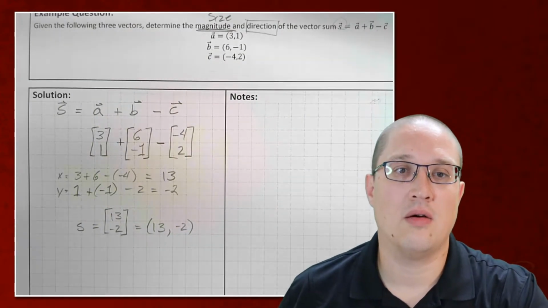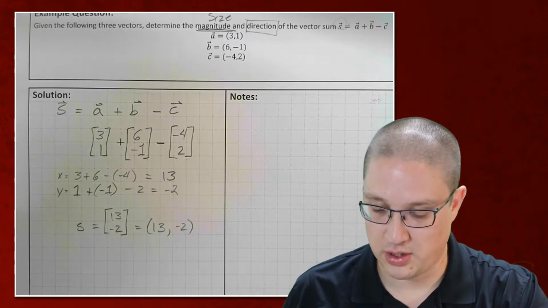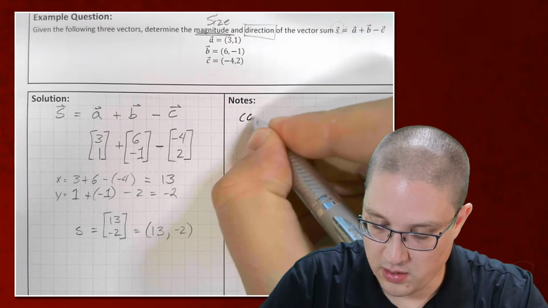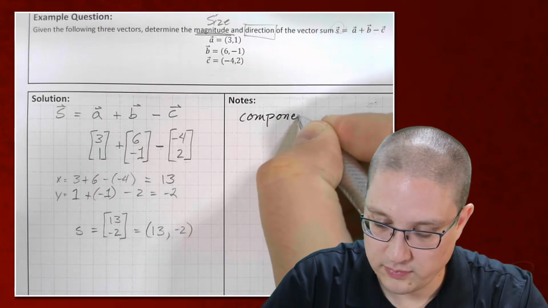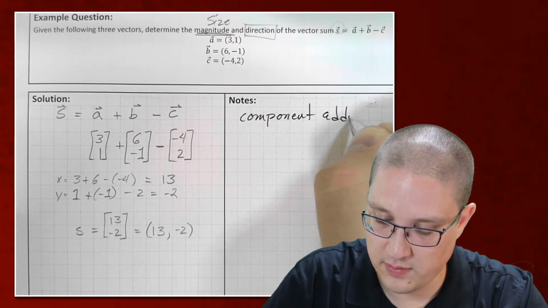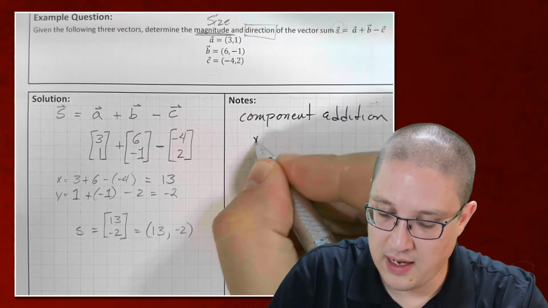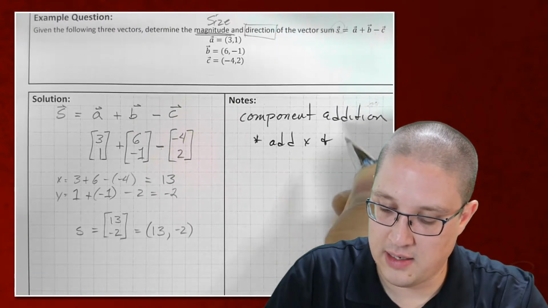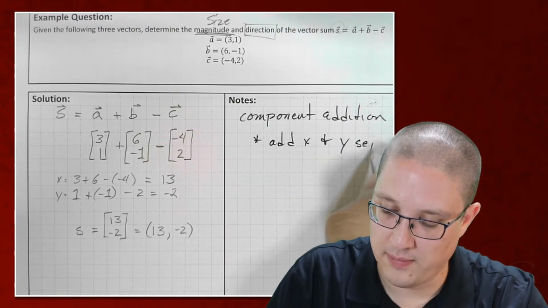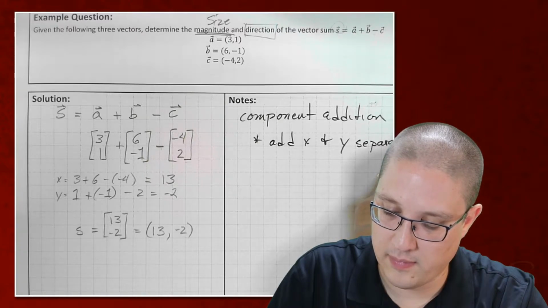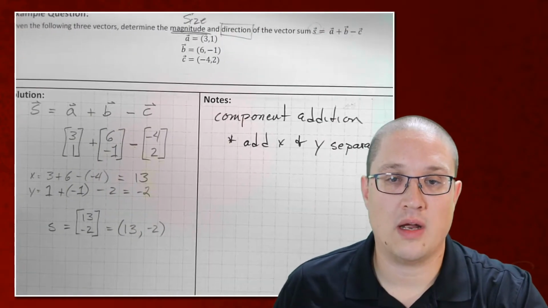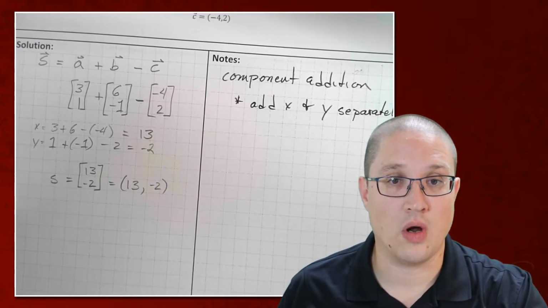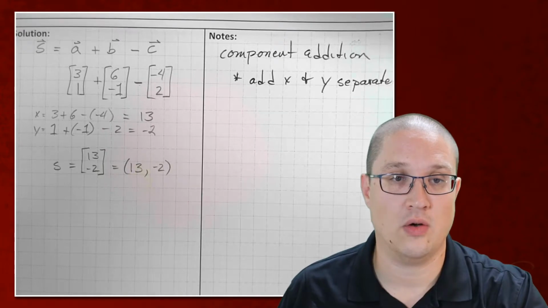So this is component addition and subtraction. A couple of things to note. So I'm going to call this here component addition. And the hint here is that we add x and y separately. Okay, so I can add the x and I can add the y separately, and that allows me to figure out how this vector is going to look.